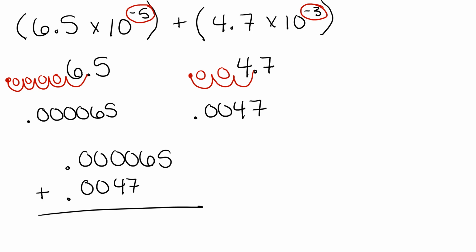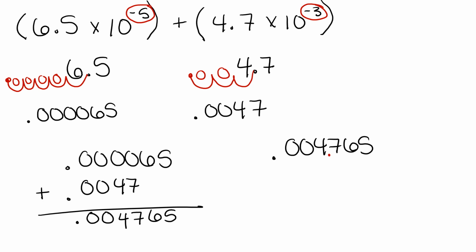So when we add them, the 6 and the 5 can be brought straight down because we're not adding anything. 0 plus 7 is 7, 0 plus 4 is 4, and our zeros plus 0 is 0, bringing down that decimal point. We take our answer of 0.004765. We're going to write it in scientific notation, meaning we want the decimal to go behind the first number, 4.7, meaning we have to move 1, 2, 3 times.